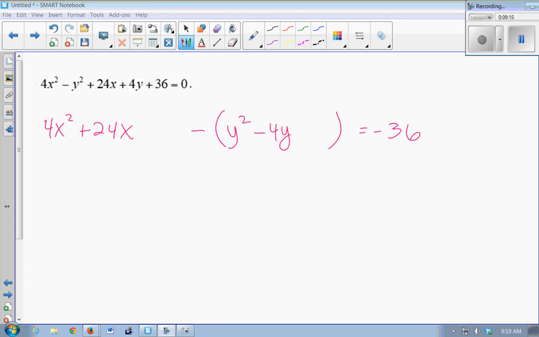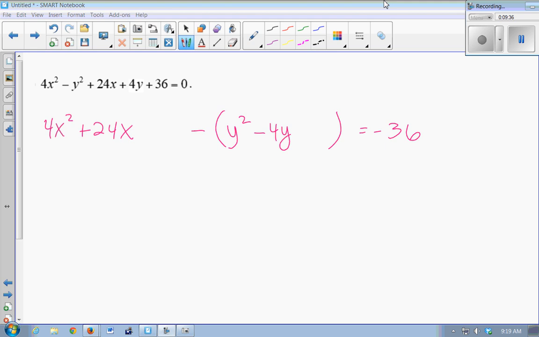So I pulled out a negative sign, so I'm doing some x squareds, some x stuff, minus some y stuff. The negative on the y squared was the reason that I did that. And that means that I had to change the sign on the plus 4y so that if I distribute that negative, it's actually plus 4y.